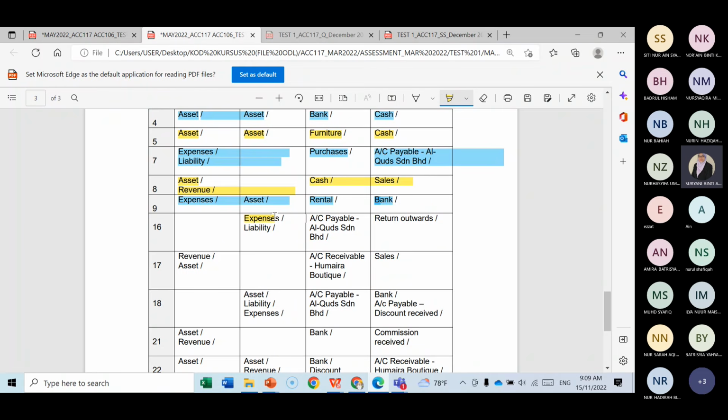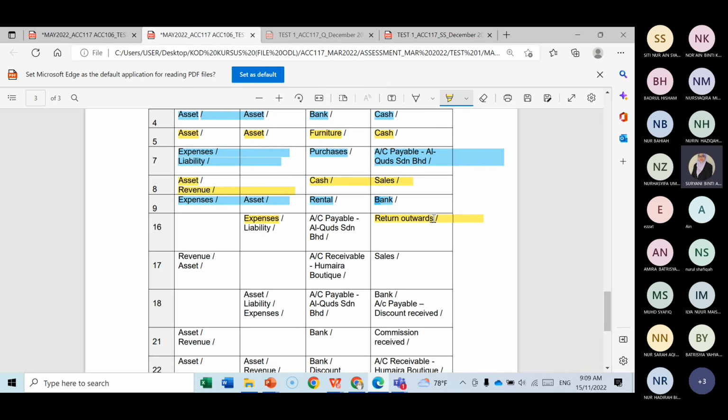So before this, you increase in your expenses and now the return will decrease your expenses. So decrease in expenses will be debited or credited? Credited. So the account's name is return outward.